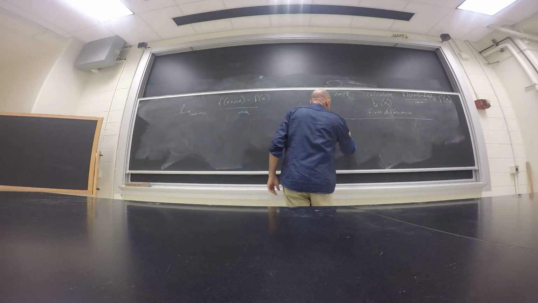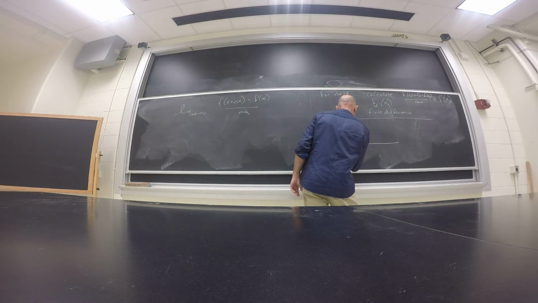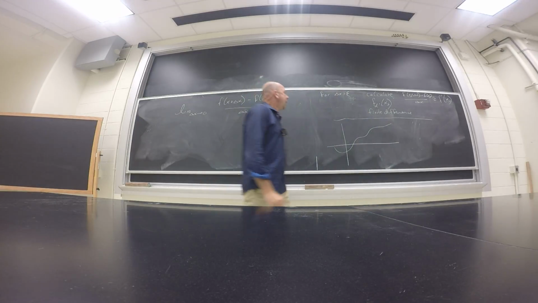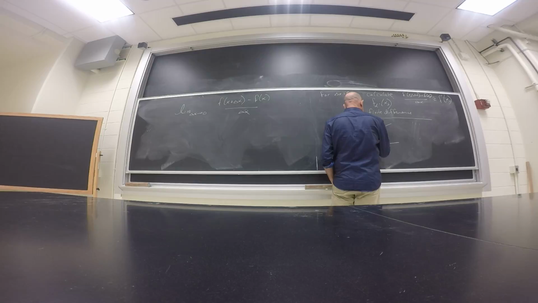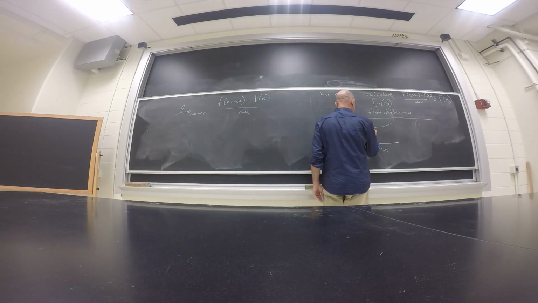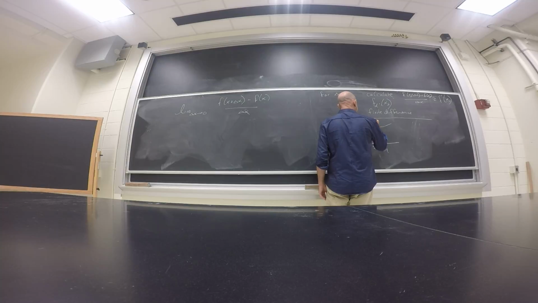So let's have a function like this. All right? And let's calculate, this is xi, and this is xi plus epsilon. All right, and this is f of xi, and this is f of xi plus epsilon.